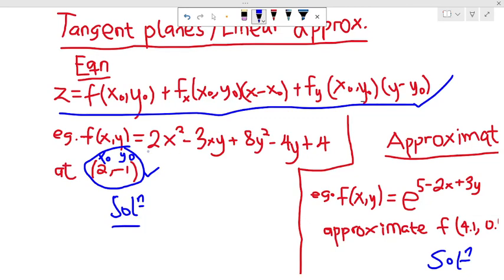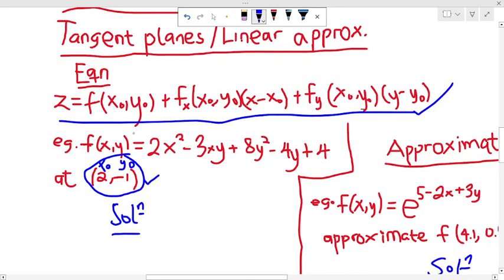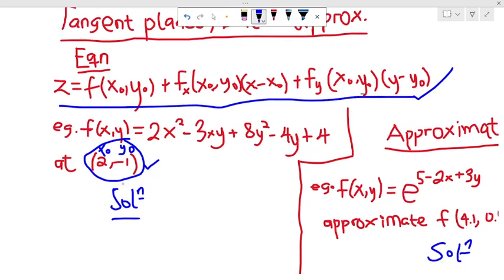This curve has a tangent that touches the point 2, -1. The x naught and y naught represent our point, so x naught is 2 and y naught is -1.